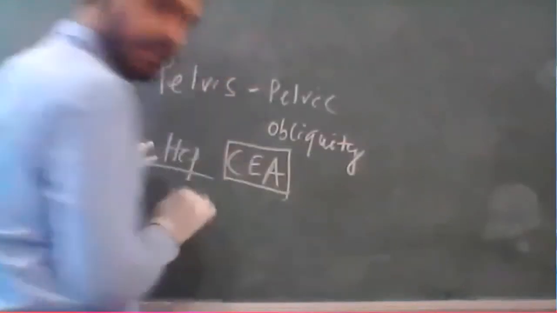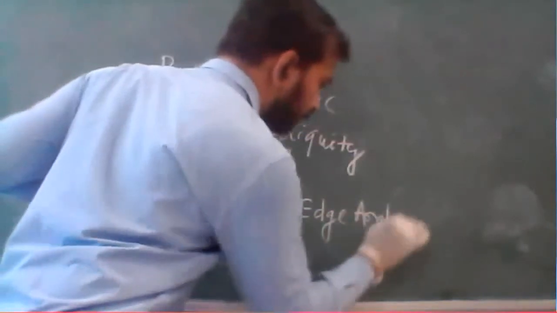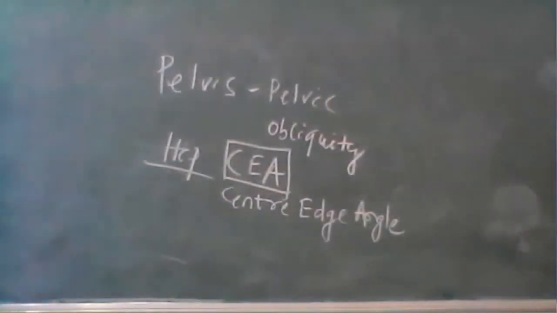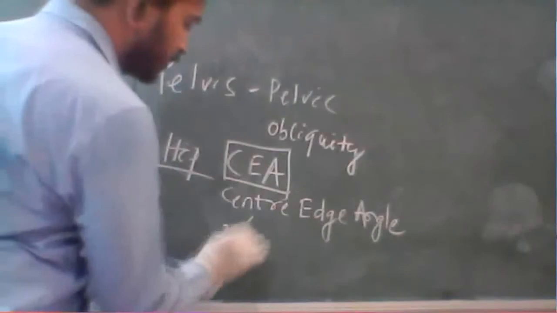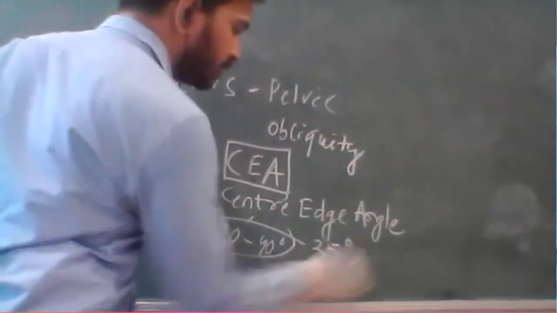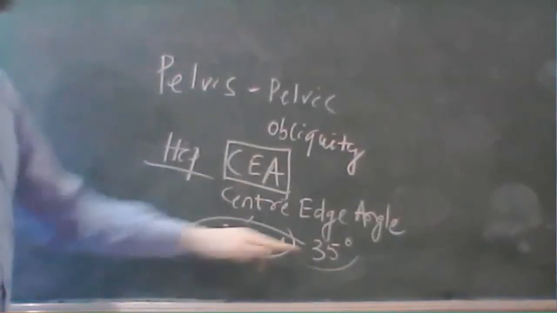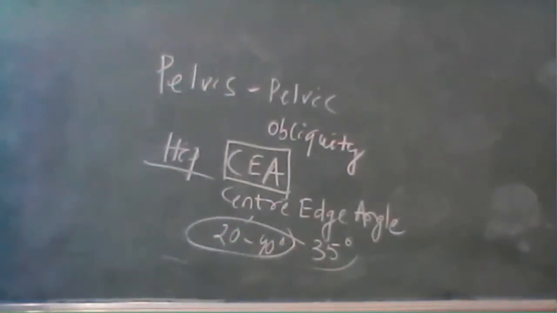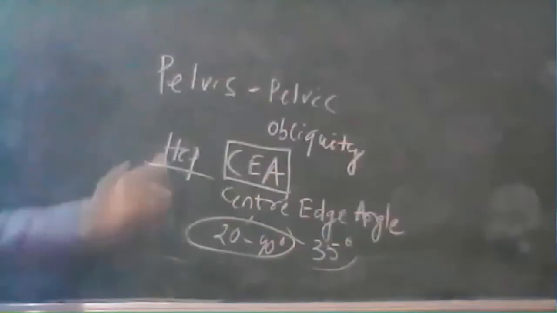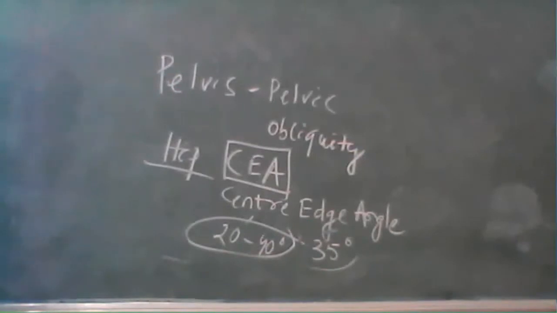The normal value, in some books it is written 20 to 40 degree, but normally you can consider this as 35 degree. In some books, different data are there. But when shortening affects the pelvis, you will find that this value will be decreased.